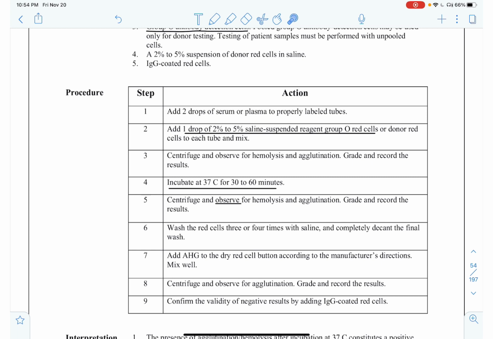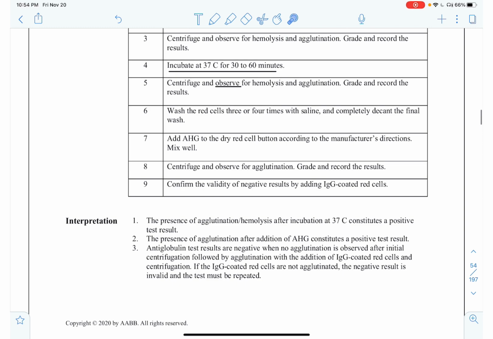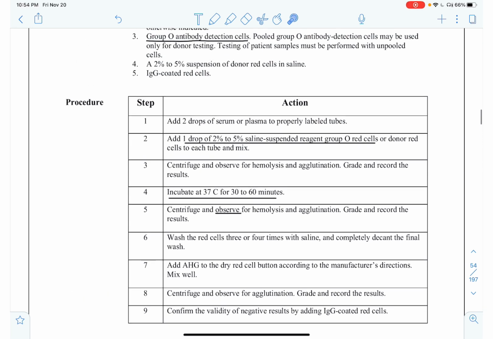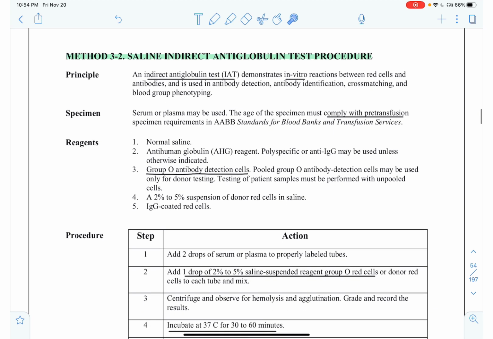The next step is to always try to observe for hemolysis, because that is also indicative of a positive reaction. I'd also just like to note on the side that there is a difference between IAT and AHG.